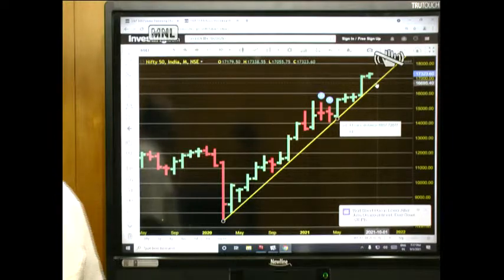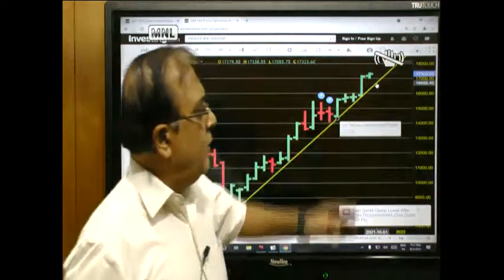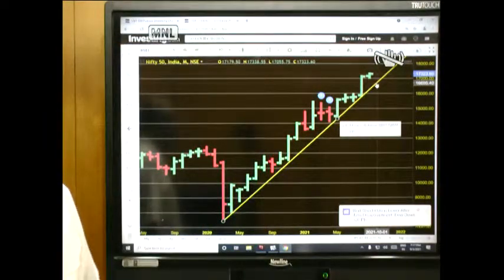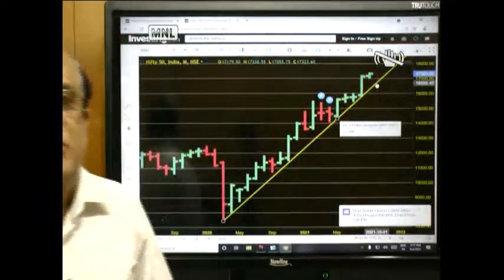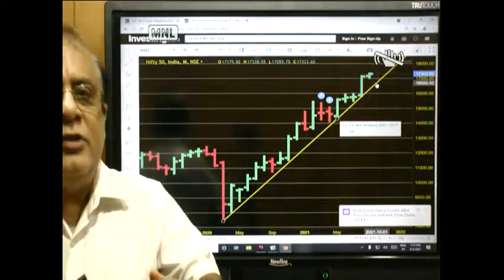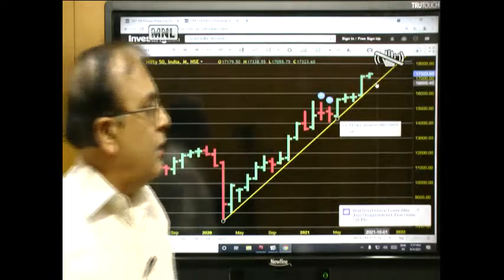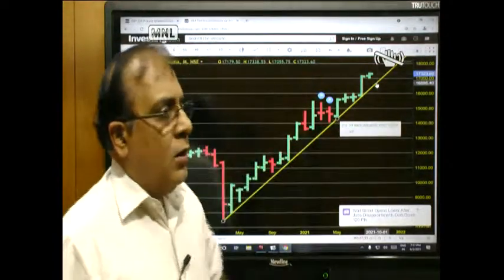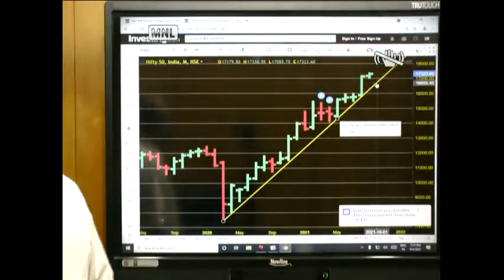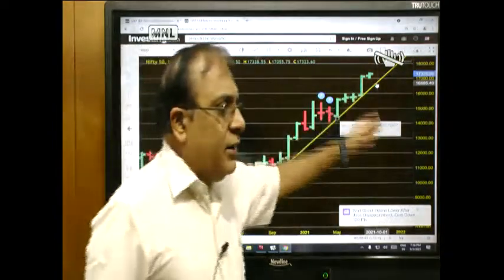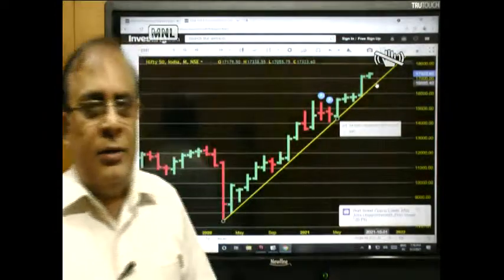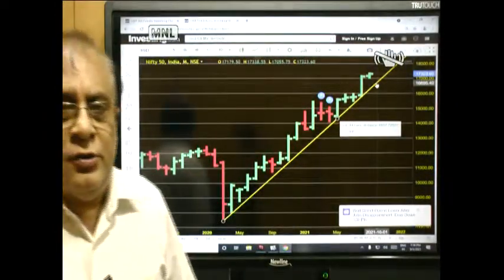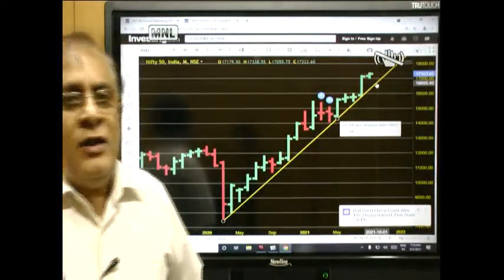If you take this particular move which is taking place, then we should add another 500 points. That will also give a sort of resistance to the market. So the trend line which we have drawn here, every month when it is sloping up, from this particular place you can also add another 500 points, which should give you some sort of resistance level.